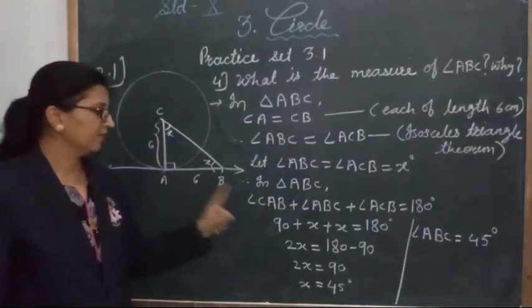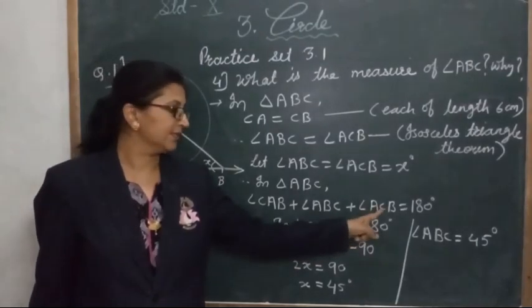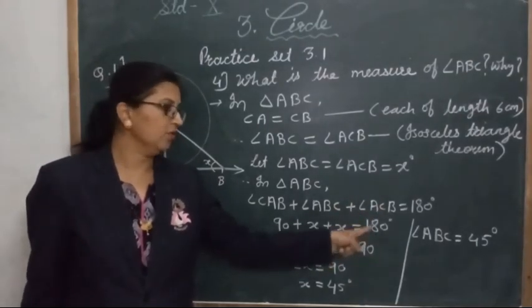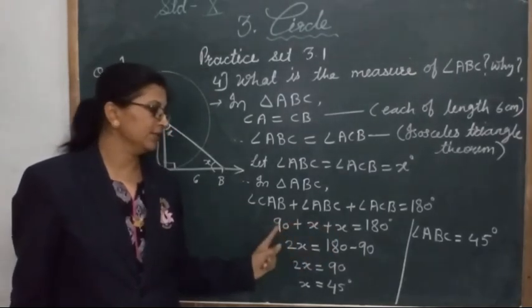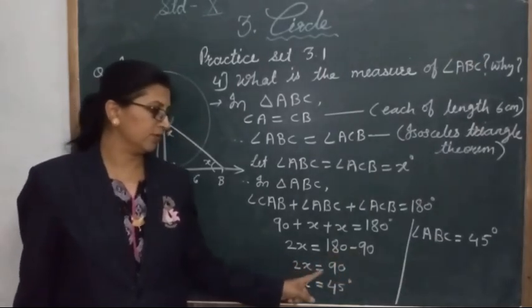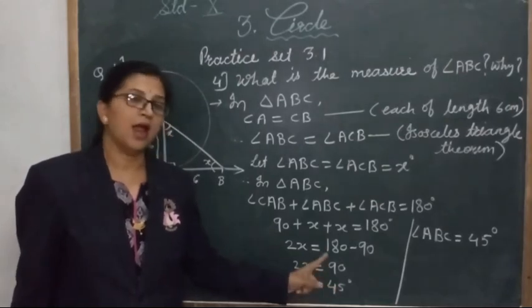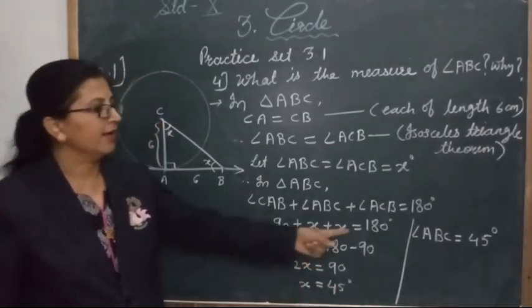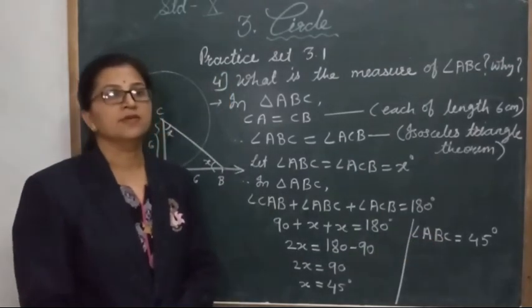Angle A is 90 degrees, B we consider as x, C as x, equals 180. x plus x, that is 2x, and this 90, being a plus, will become minus from 180. So we get 2x is equal to 90, therefore x is equal to 45 degrees. And this x is nothing but angle ABC. So in this way we got angle ABC as 45 degrees.